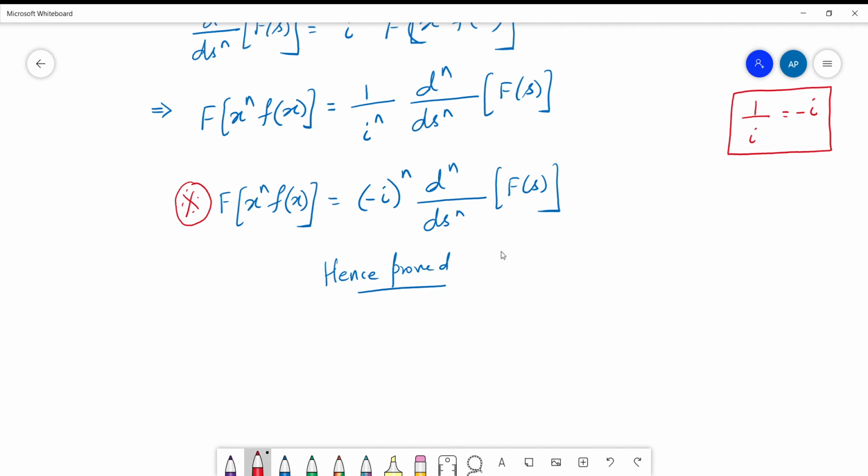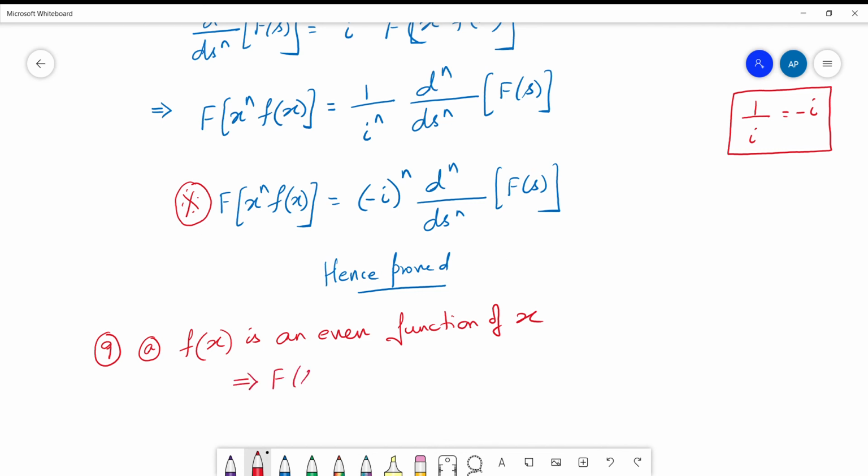Now the last property would just be stated for you here. We already know what an even function is and an odd function is. So there are two cases that we are going to list out. Suppose the given function is an even function of x, this can be very easily proved also. So f of x is an even function of x. If it is so, then that will imply its Fourier transform, which is F of s, will also be an even function of the variable s.